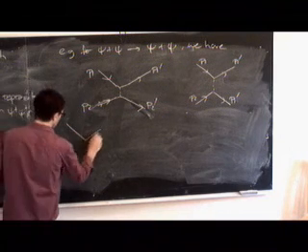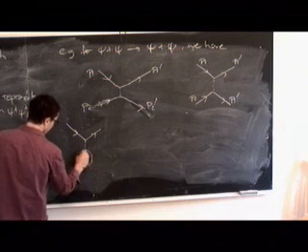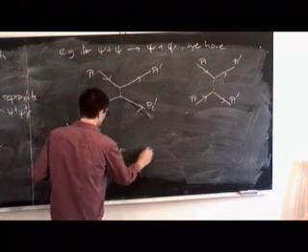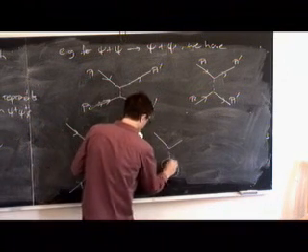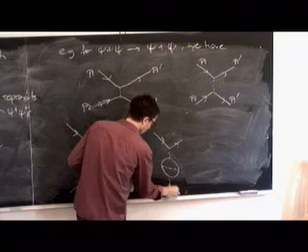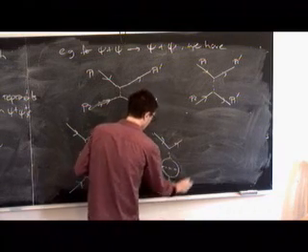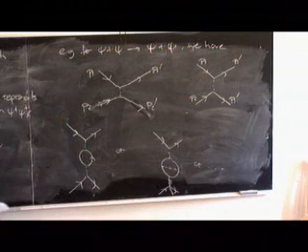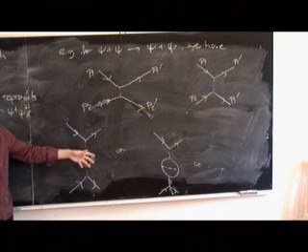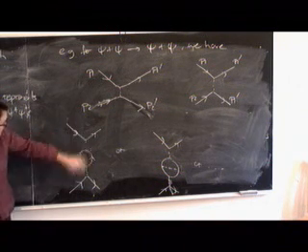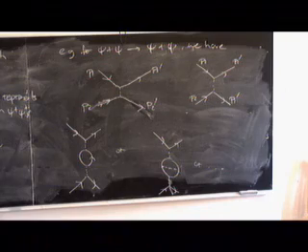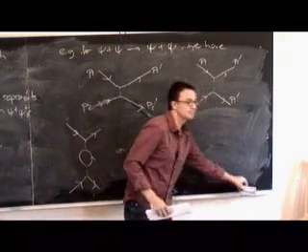So we could draw something like the following. As you start to let your imagination run wild, you see that there's actually an infinite number of increasingly complicated diagrams that we can draw that have these 4 lines connected in some way.